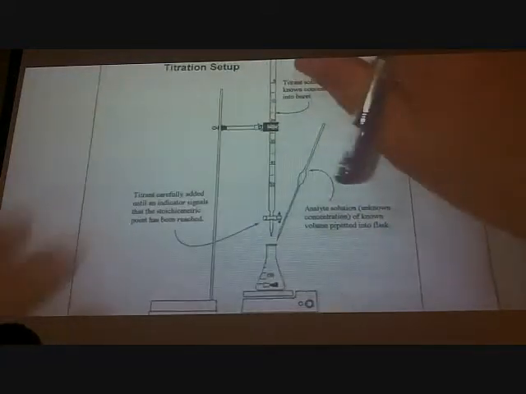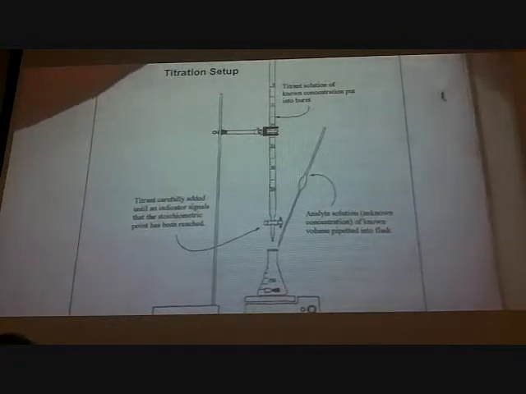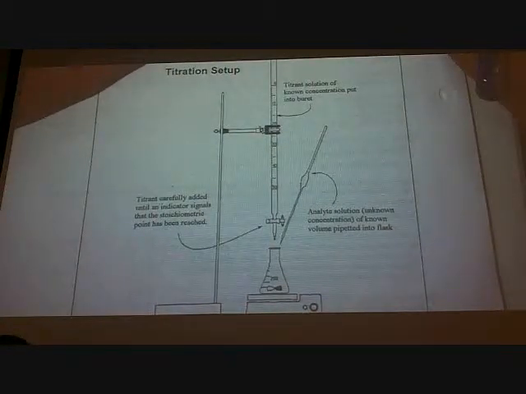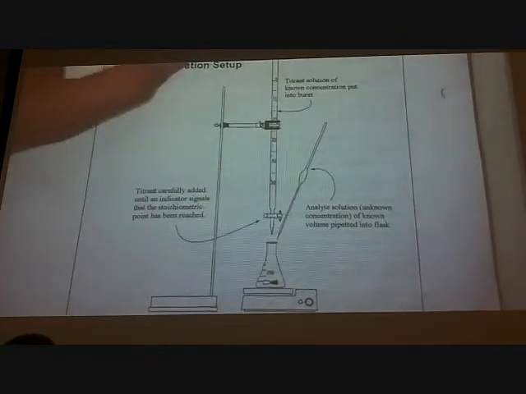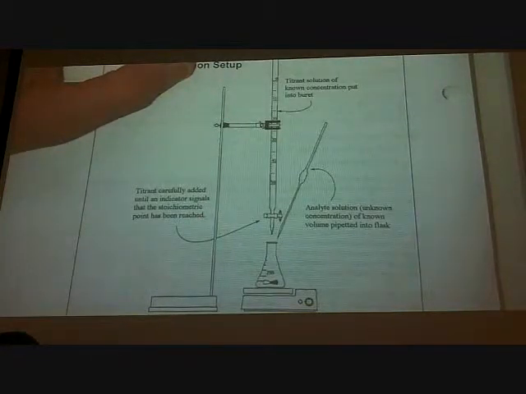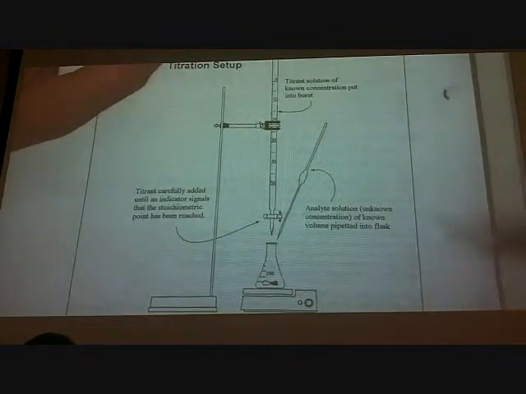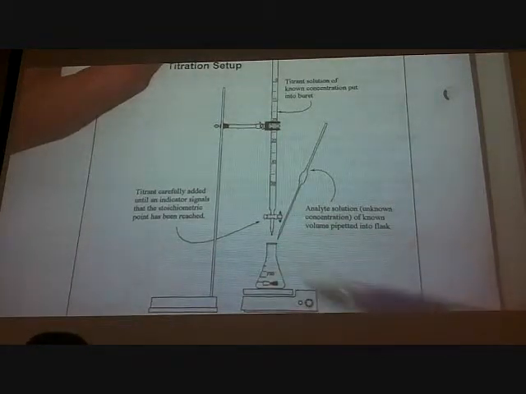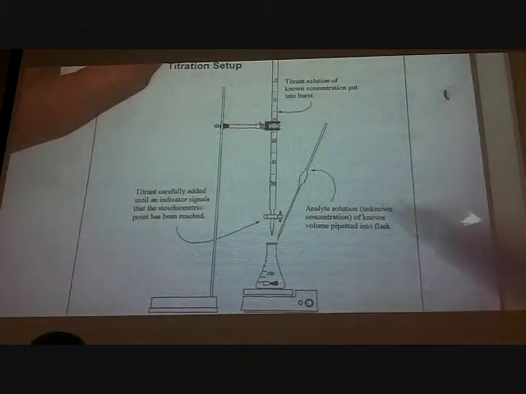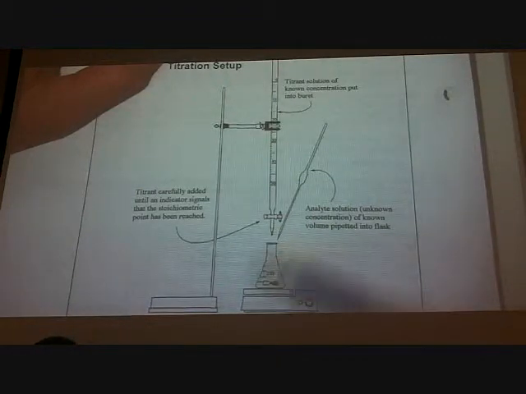All right, ask your question again. What exactly does it mean by number of moles titrated? Okay. When we talk about the number of moles titrated, you're going to have two things. You're going to have something that's in the container. Something in the container could be an Erlenmeyer flask, could be a beaker, could be any kind of container. When we are titrating something, we know the number of moles of the stuff that's in here.